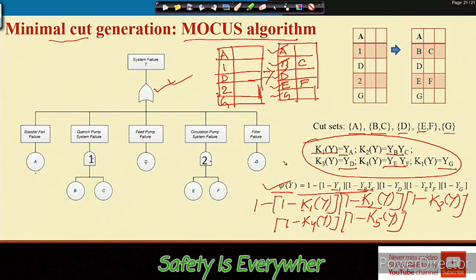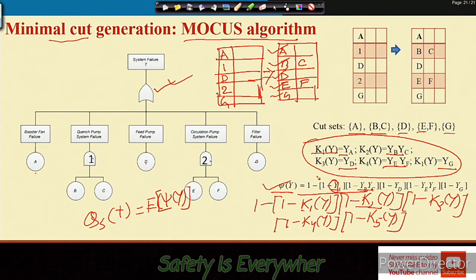Now, I have already shown how to calculate unavailability from this structure function. When you calculate unavailability, you just have to take the expected value of the structure function, and you know all the probabilities, that is nothing but the expected value of the indicator variable related to that basic event. So, all the probabilities you can calculate and you can get the unavailability.